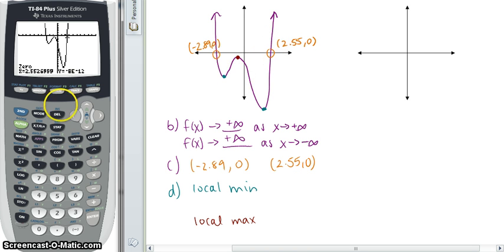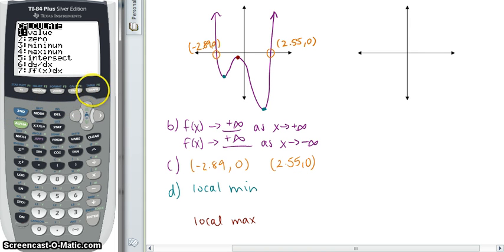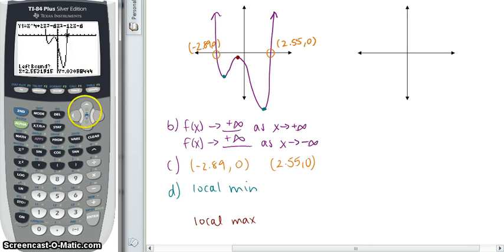Looking at our calculator, we're going to go to second trace and go for our minimum, which is option number 3. Let's move our cursor all the way over to our furthest left minimum point. The calculator wants us to get left bound, a little bit left of the minimum point, so we hit enter.